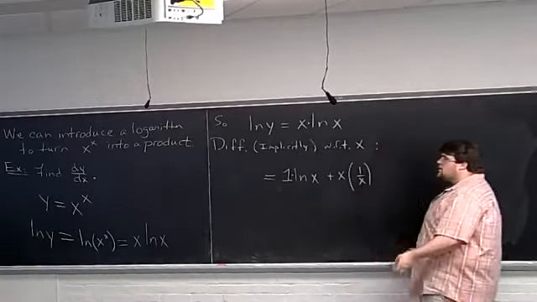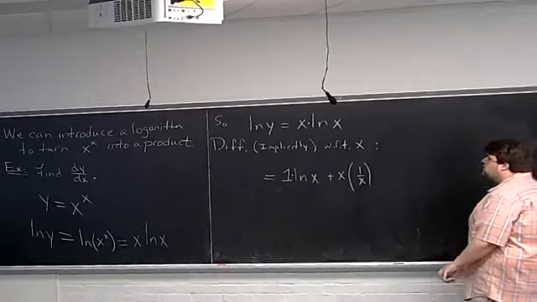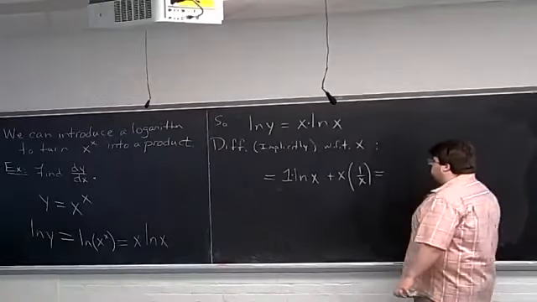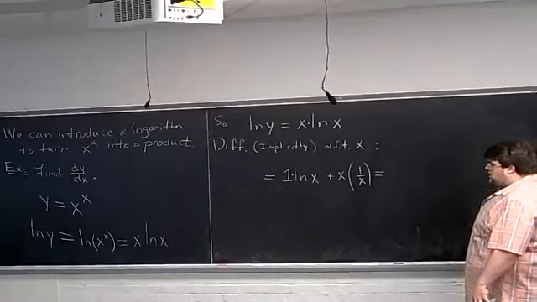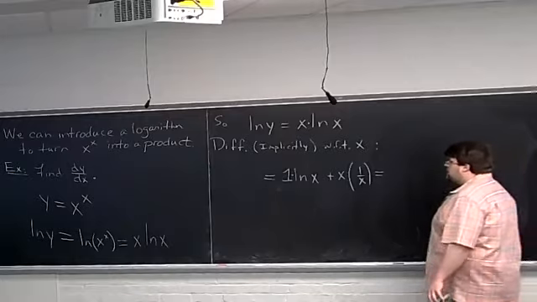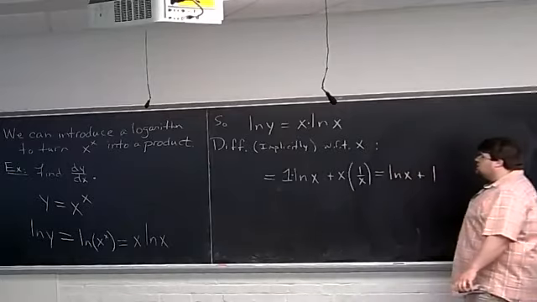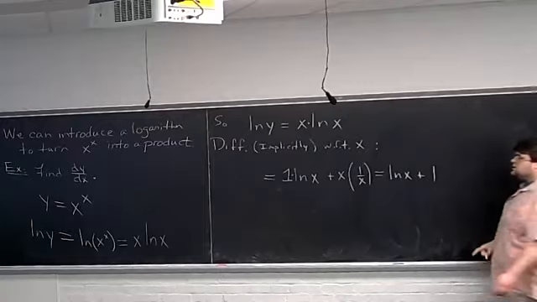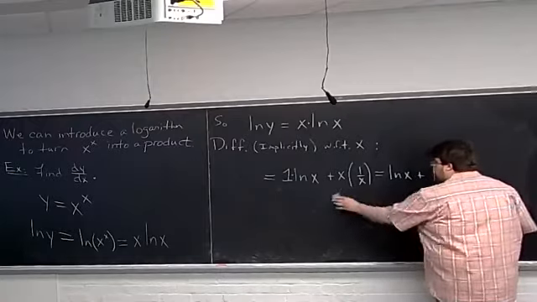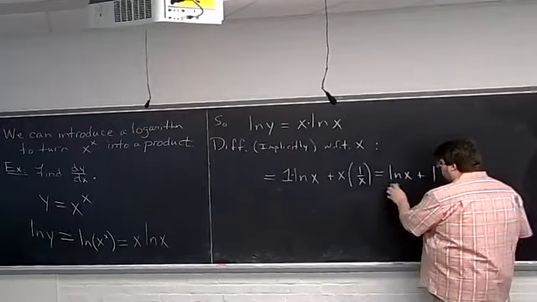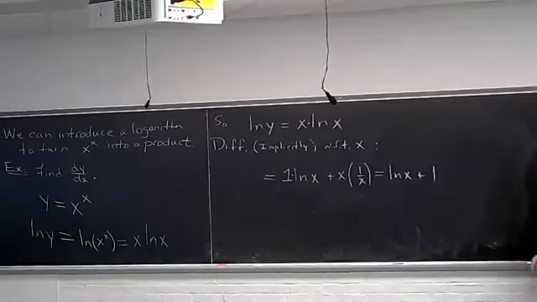Derivative of log x, remember, is 1 over x. There are a lot of 1's here, so this right side does simplify nicely. x times 1 over x is just 1. 1 times log x is log x. Any questions about the right side?